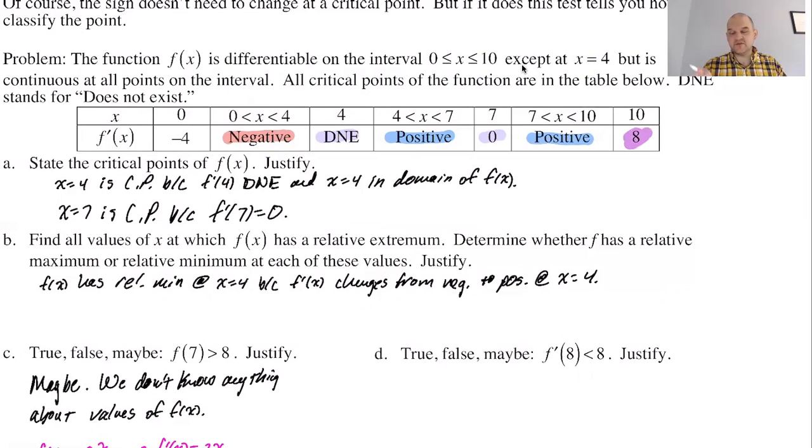I think what they're trying to do is get you to think, they being me, I wrote the notes, that f prime of 10 is 8, and we know that f prime is positive between 7 and 10. I feel like they're trying to confuse you again with the prime versus the regular function. So again, we're going to go with maybe.